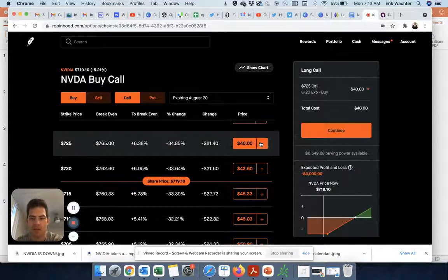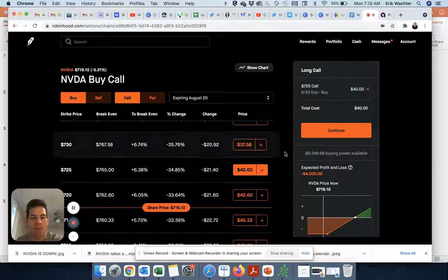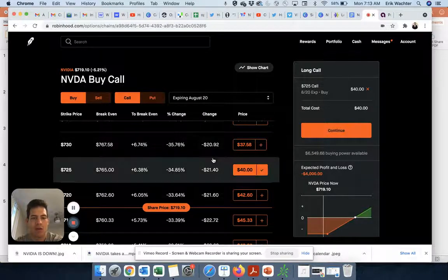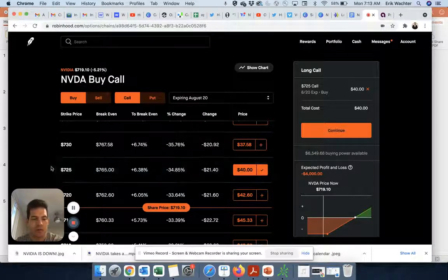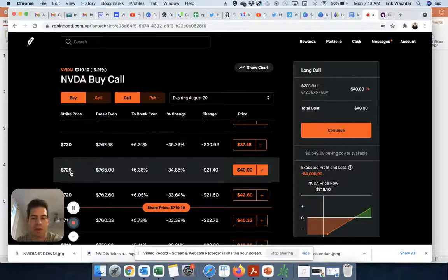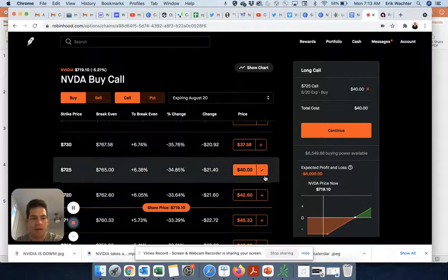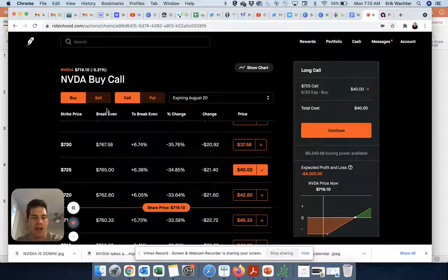Instead of buying this, we're going to set up a bull call spread, or a call debit spread. First step: let's say you like the 725 strike, you're going to buy that. You select buy. Then we're going to sell a call against it.